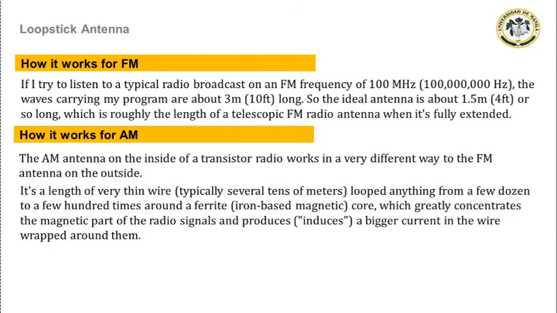It's a length of very thin wire, looped a few dozen to a few hundred times around the ferrite, an iron-based magnetic core, which greatly concentrates the magnetic part of the radio signals and produces a bigger current in the wire wrapped around it. That means an antenna like this can be really tiny and still pack a punch.